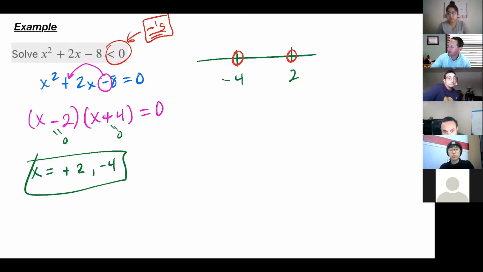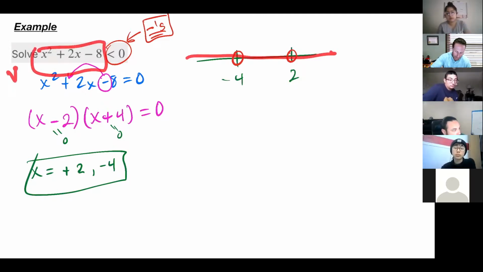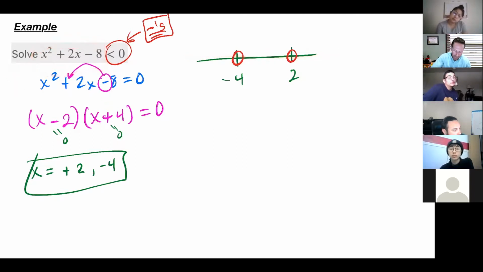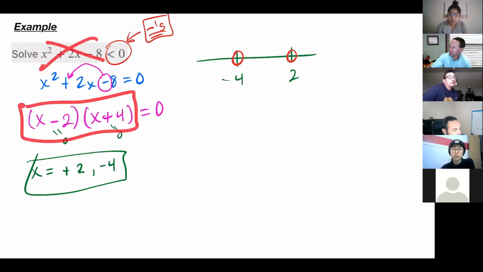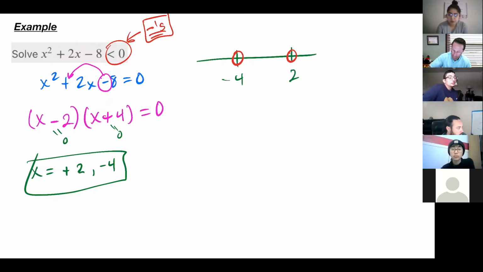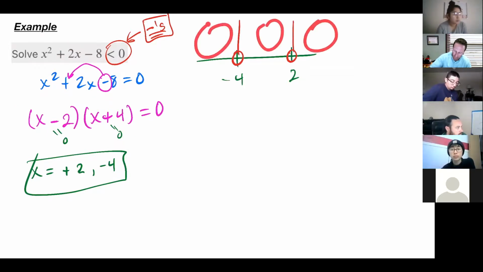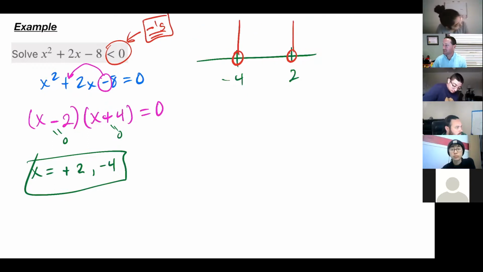And guess what? If you give me an X, I can tell you the Y value very easily by just plugging it in. And guess what? I don't want to plug it into this. I want to plug it into these because it's way easier. So check this out, guys. I'm going to just do this so that I can see that I have 3 different intervals, and all I'm trying to figure out is if it's positive or negative.